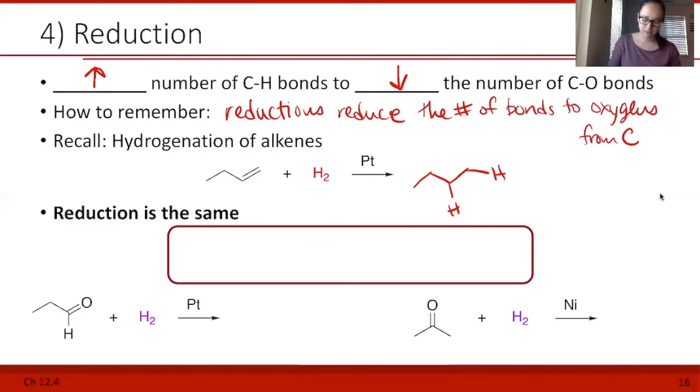So for example, if we had this molecule here, and we add hydrogen to do the reduction, H2, we need our same catalyst, so we can have platinum, palladium, or nickel.